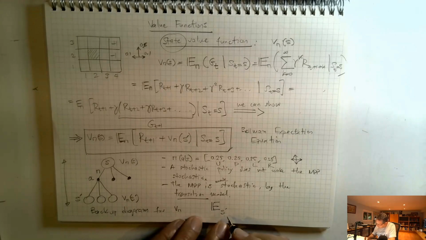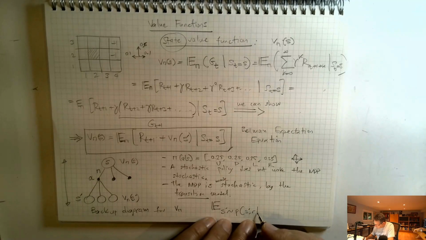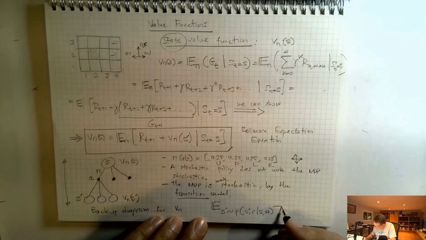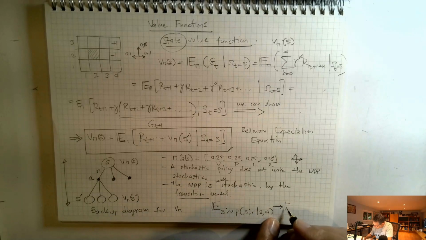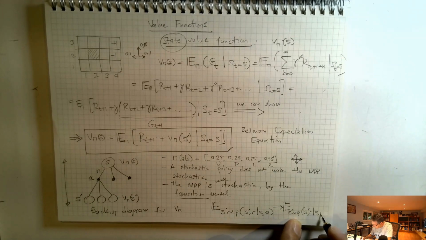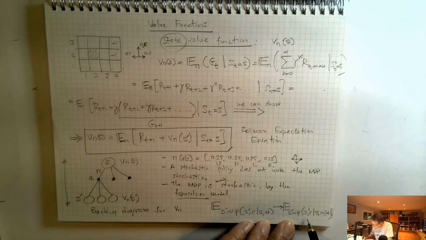So it's an expectation over S prime that is sampled out of the probability distribution of S prime comma R given S comma A. And this can also be written as an expectation over S prime with a probability of S prime comma R given S comma pi of A given S. This is where you see the dependency on the policy pi.